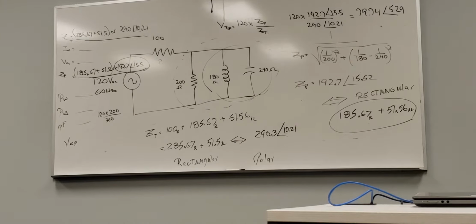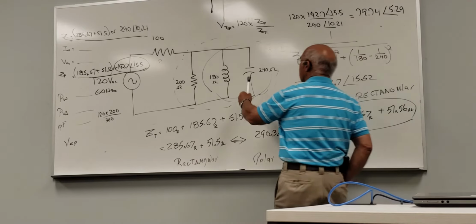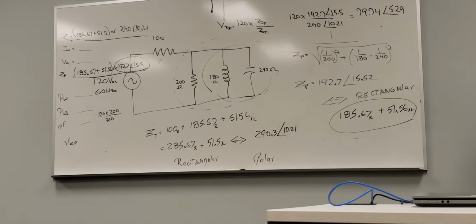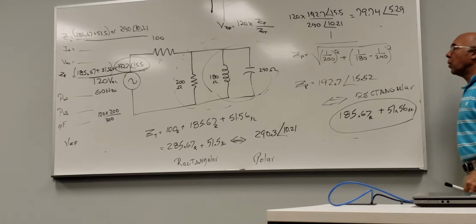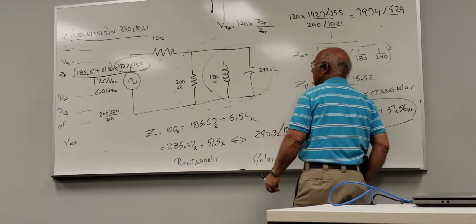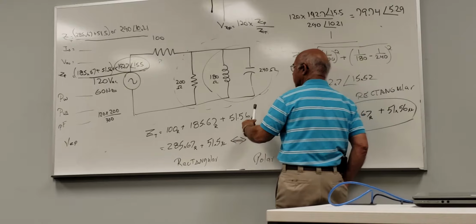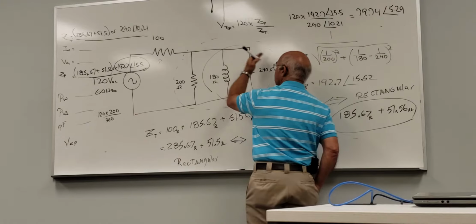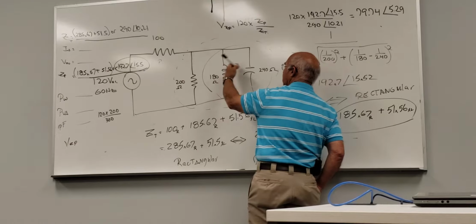So basically what's happened is these two have canceled each other out, because they're almost equal in magnitude, not quite, but close. So these are basically canceling each other out, so they don't even exist.